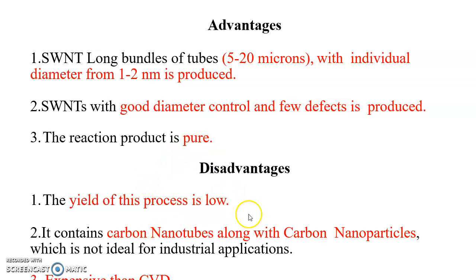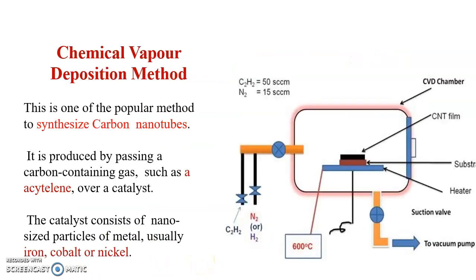Whereas the disadvantages are that the yield of this process is low, and it contains not only nanotubes but also some carbon nanoparticles, which are not desirable for industrial applications. The third disadvantage is that it is more expensive than chemical vapor deposition.